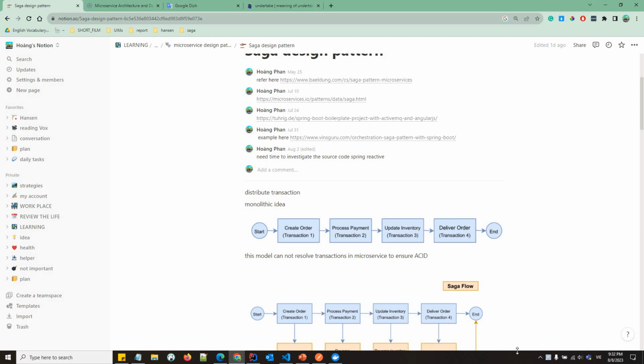It was not complicated because we had only one database, and for each request we would lock the record and make sure the data inside the database stayed consistent.